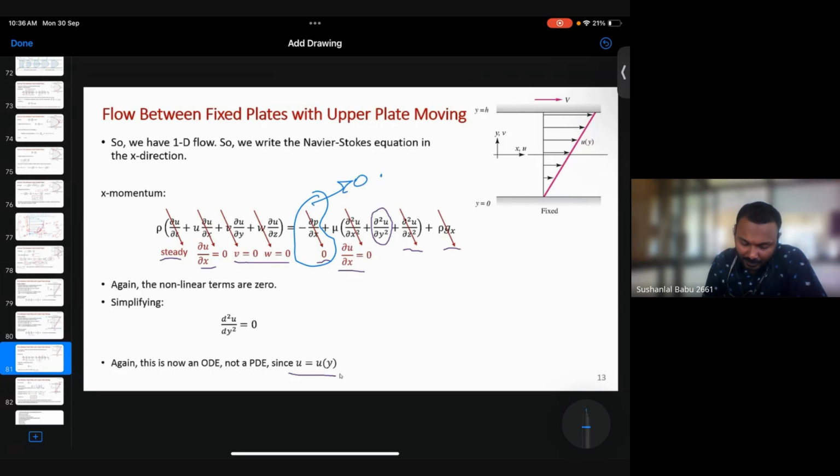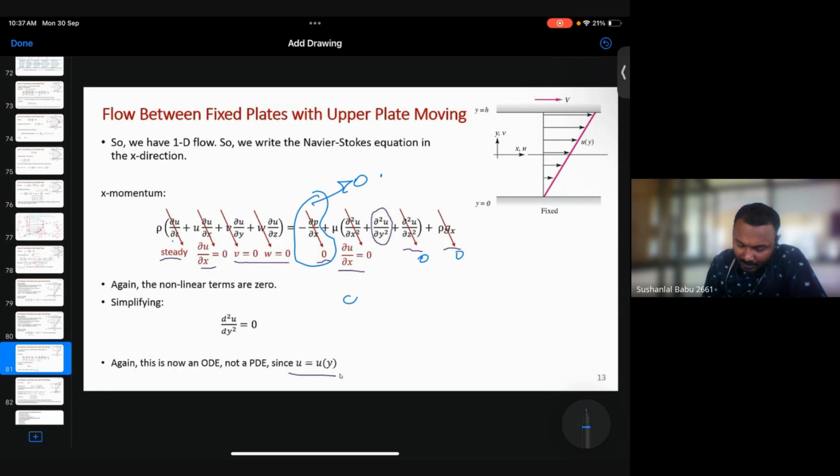So we will get what? Everything else is 0: because it's steady, dou u by dou t will be 0. Dou u by dou x is 0 because fully developed. v is equal to 0, w is equal to 0. Another assumption: dou p by dou x is not there, that is also 0. Dou square u by dou x square will become 0. Then dou square u by dou z square is also 0. No body force, so that term is also 0.